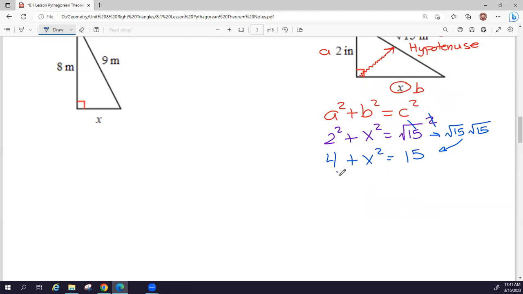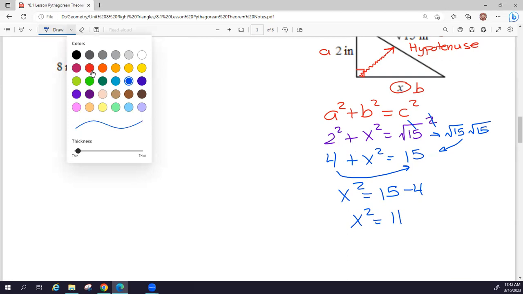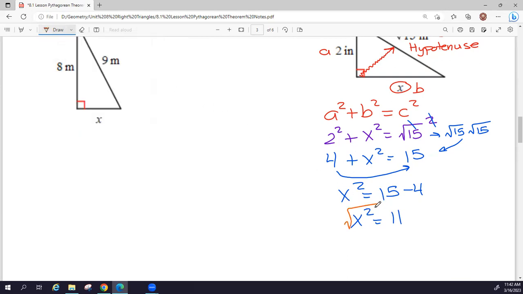So now I can solve for X by moving that 4 over. And when I move it over, it becomes negative 4. And now we're using this fact that we can cancel out an exponent of 2, a squared, by square rooting. And we have to do it to both sides.